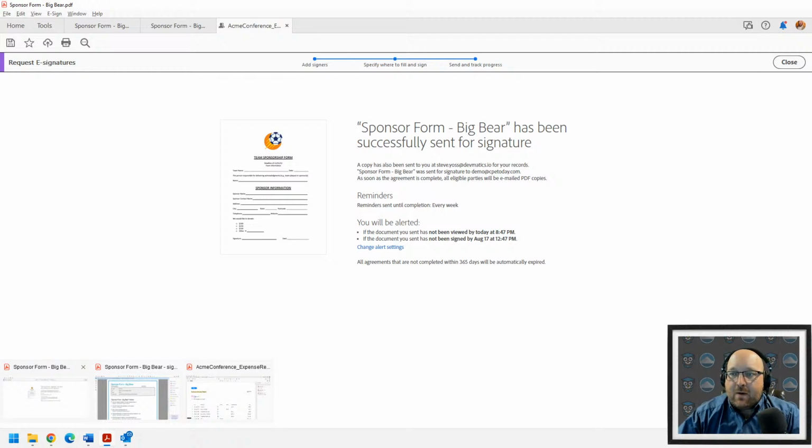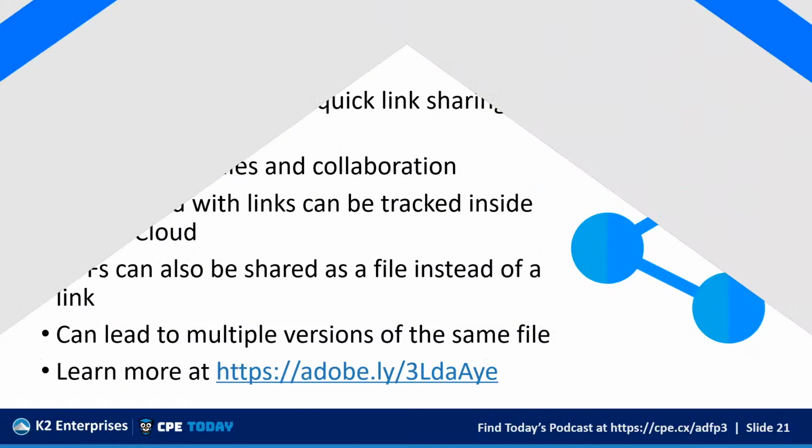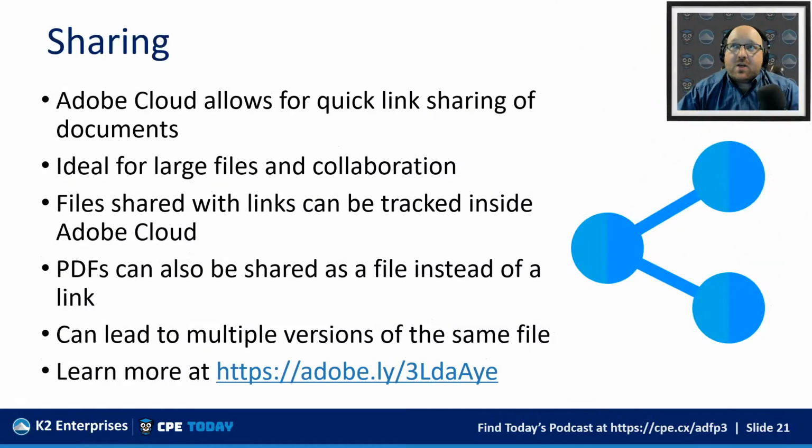Okay. Now, there are other features that you should know. Let's say you don't want to do the whole commenting thing. You just want to distribute the PDF to them. Great, you can do so. That's super simple. That's just using the standard sharing functionality, and that's just for distribution. So in that case, I send a link to somebody.